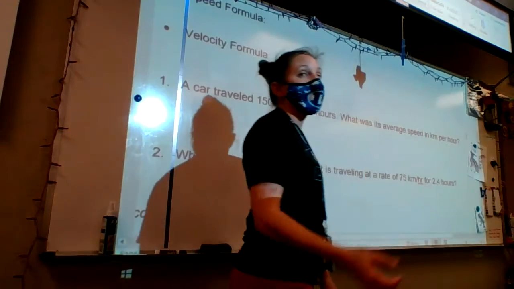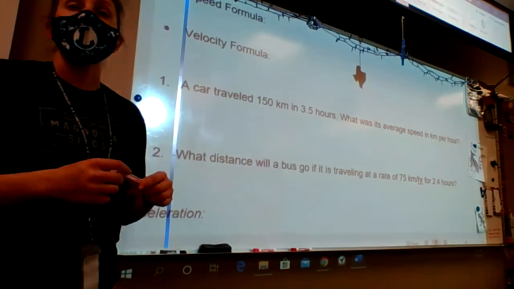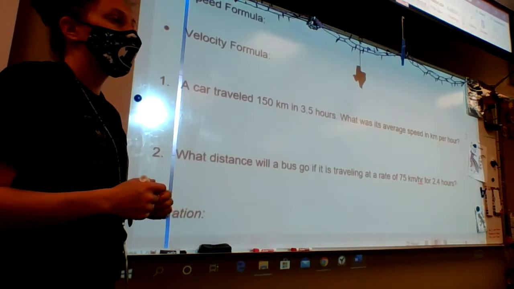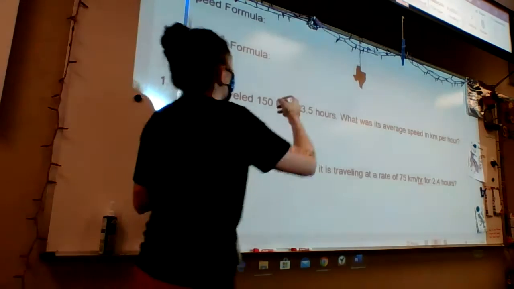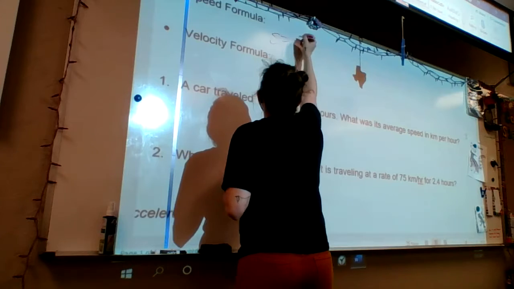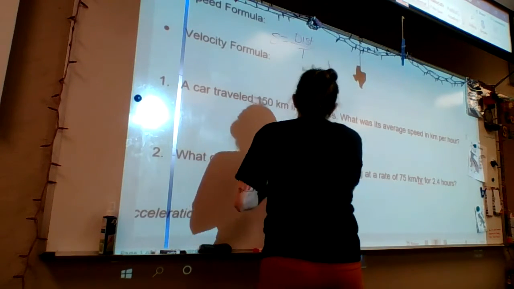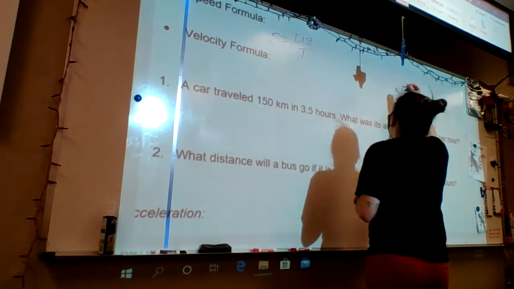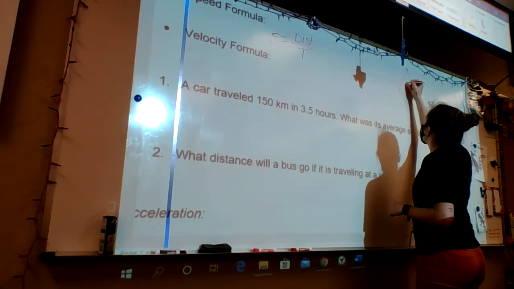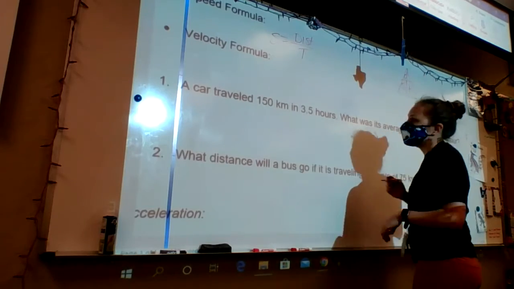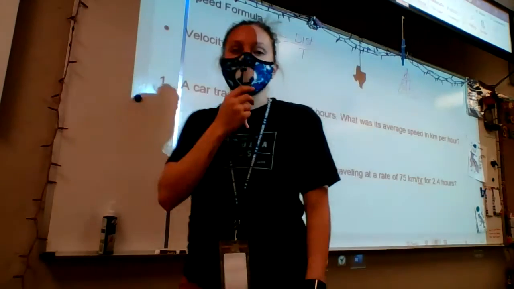We calculate them the same way, which is why I put them in the same grouping here. Okay? What is my speed formula? Distance divided by time. So S equals DIST divided by time. We have a speed triangle that we used, STD, and that helped us calculate some things.